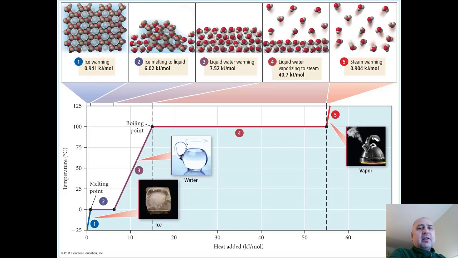If this is water, and of course I can ask you about something other than water, it would look different, but it would have the same zigzag features, just with different temperatures. So we're going from negative 25 degrees to 125 degrees, and it's going to be ice, and it's going to be exactly 1 mole. So 1 mole is also equal to 18 grams.